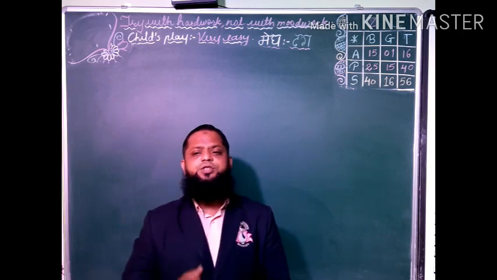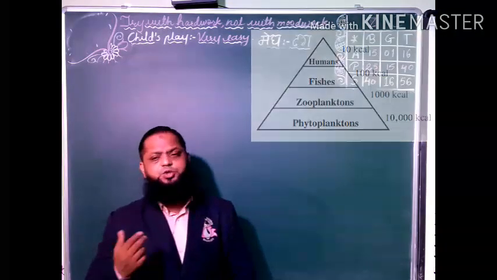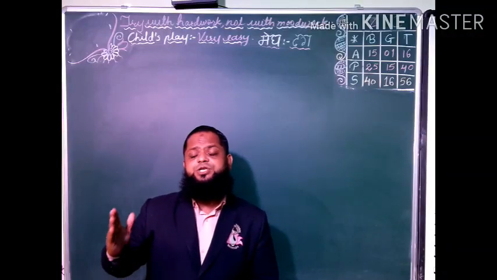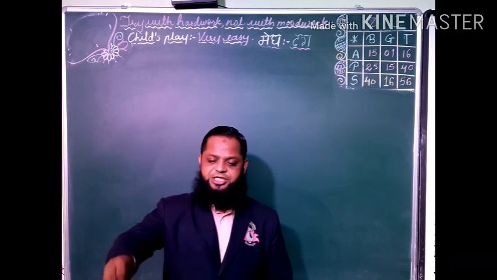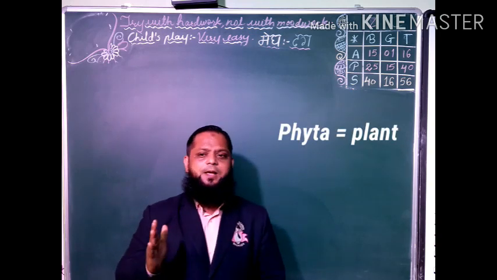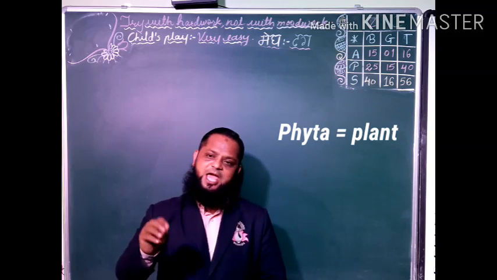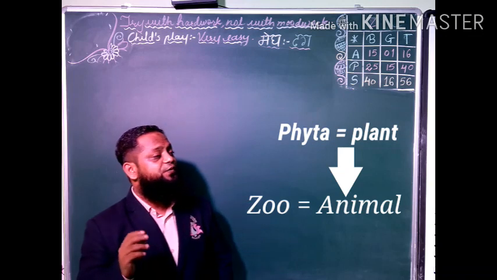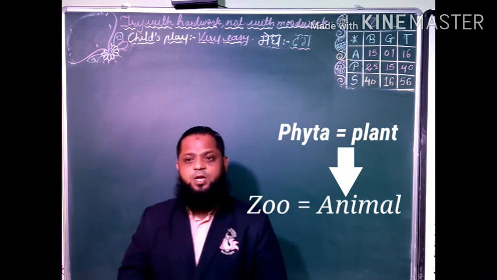If you observe the figure, we are able to conclude that in phytoplanktons, 10,000 kilocalories of energy is stored. Phyto means plants, zoo means animals. So the phytoplanktons act as food for the zooplanktons.